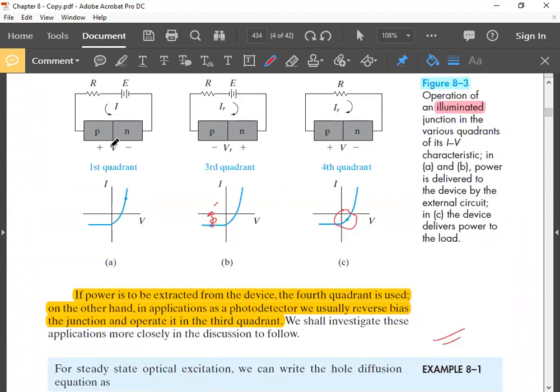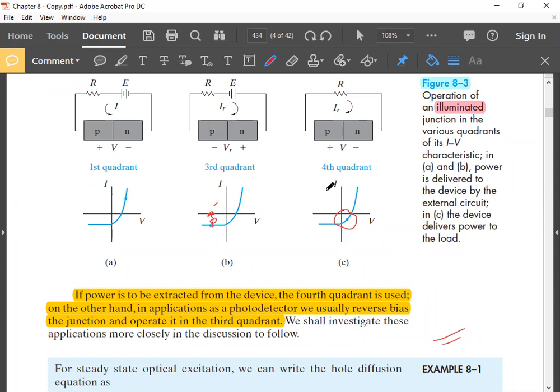Forward biased photodiodes can also be used for photodetection, but there is a problem here. For forward bias, W, the depletion layer width, is small. As I have shown you, larger W is good for the sensitivity of the photodetector. That's why third quadrant operation is used for photodetectors.